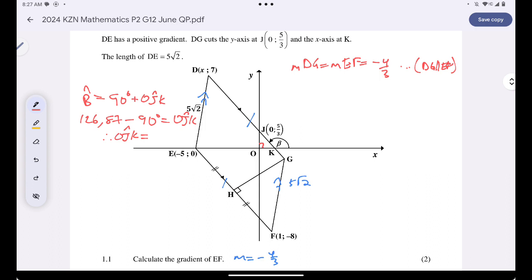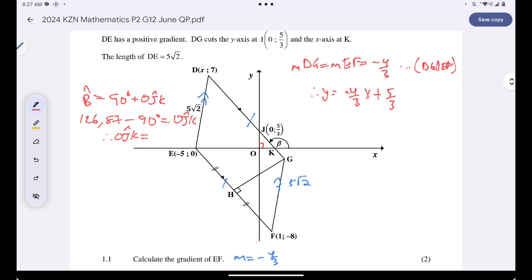Are we together? So therefore the equation of line DG will be negative 4 over 3 x plus 5 over 3. Why am I saying 5 over 3? Because J is the y-intercept and the y-coordinate of point J is 5 over 3. So this will be my equation altogether.